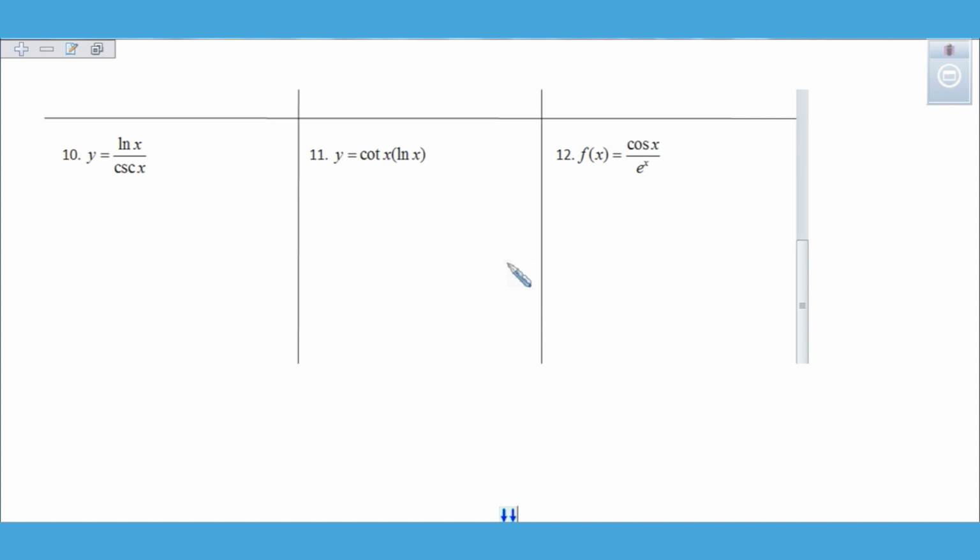All right, so if I'm doing number 10, I have a quotient. I must do the quotient rule. And so we're going to draw the line to get ready for that. So the quotient rule, you always start down low, and that means write it down.